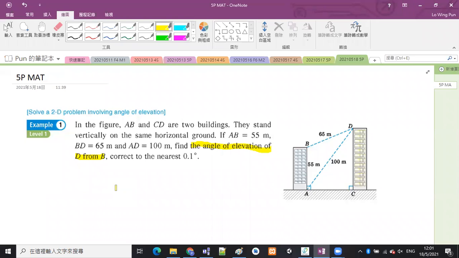Okay? So if you are standing at B, first, you need to look to the horizontal direction. When you are standing at B, the horizontal direction will be like this. You need to draw the horizontal line. And this is the original eyesight. And then when you need to look at point D, you need to turn your head upwards.